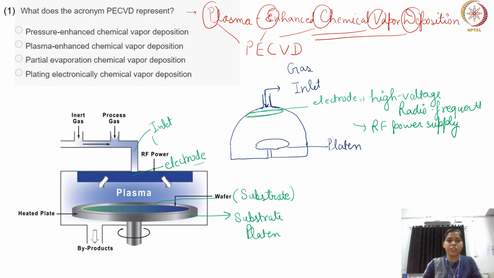The inlet is for the process gas, or we can call it the source gas also. That will enter the chamber through this inlet.